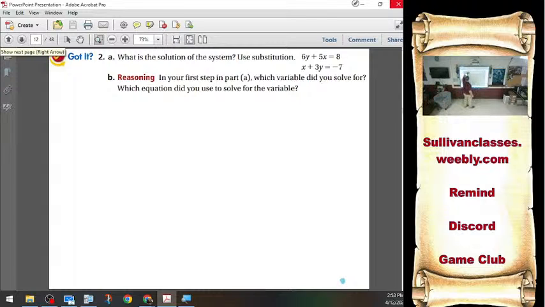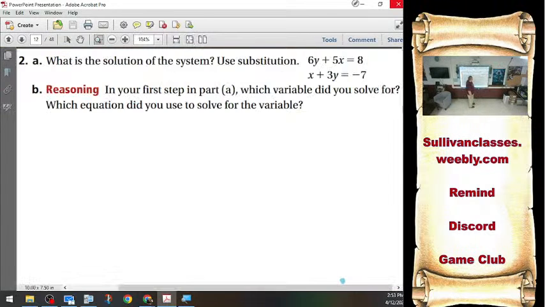Just so we're all on the same page, take a look at your system. What should you probably get by itself? X on the bottom. So get the x on the bottom by itself. And once x is this junk, replace x with this junk.